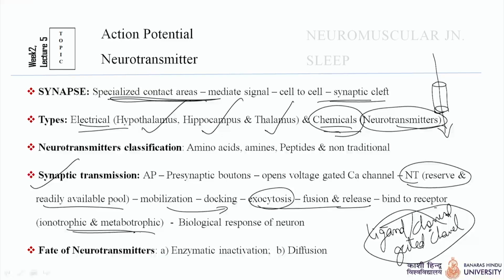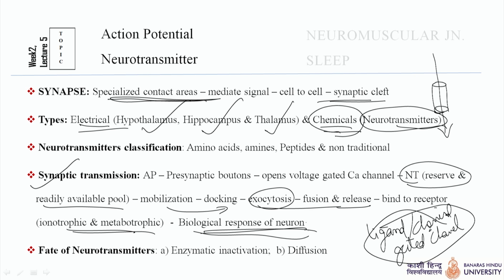Metabotropic means when it binds at the postsynaptic membrane with the receptor, it immediately triggers the secondary messenger system inside the membrane, and that causes the opening of the ion channels. The secondary messenger system activation may be GTP or cyclic AMP or inositol triphosphate or calcium mediated; there are different types of secondary messengers available in the body. Based on that, the biological response of the neurons takes place.